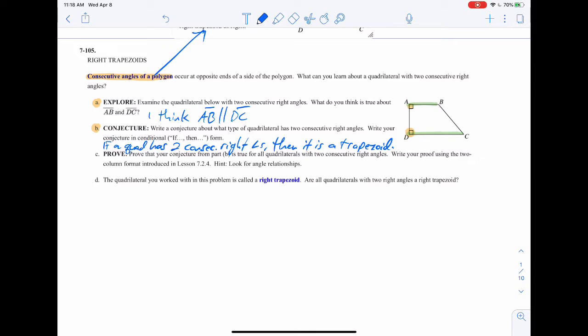On to letter C. Letter C asks us to prove our conjecture and to use a two-column proof. And so we're going to do our work down here. Remember, a two-column proof is really no different than a flow chart. It shows all the same information, it's just arranged differently. So don't be intimidated by it.